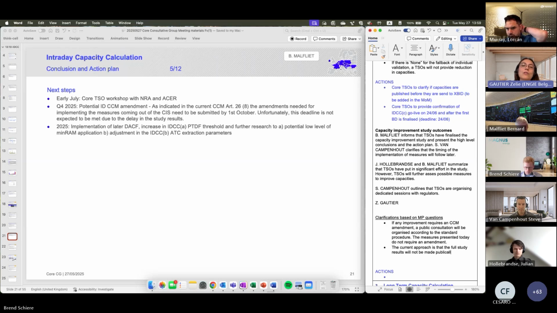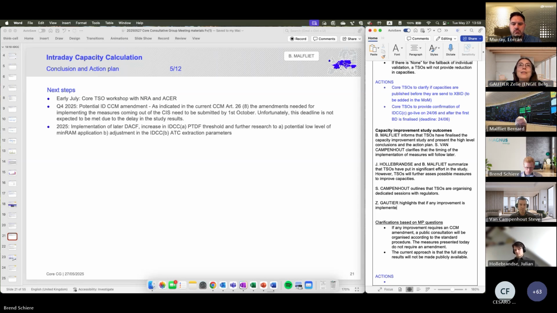And also, of course, it'd be very appreciated even when there are improvements being made that don't require amendments, that there is clarity on this when an improvement is being made, whether through a communication or during a core CG meeting, when there is also a deadline for the improvement, etc. So that'd be good. Thanks.